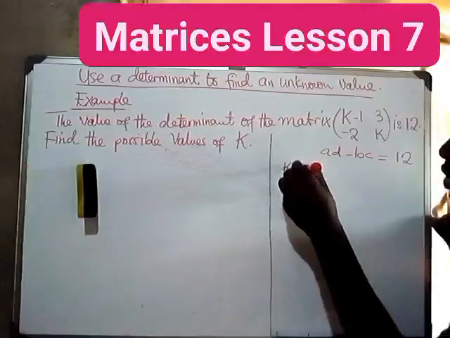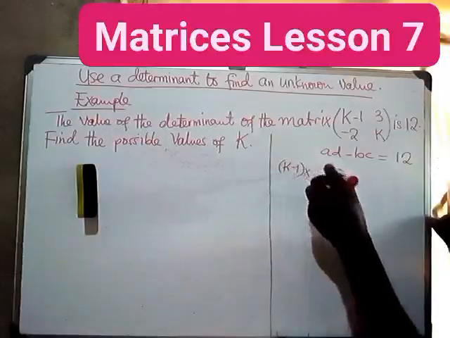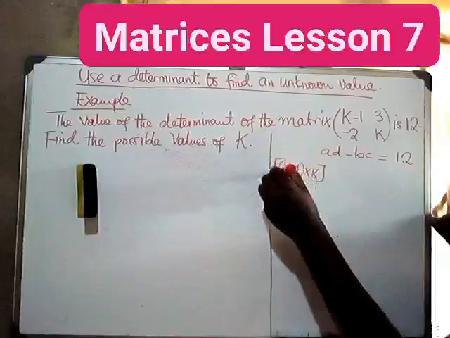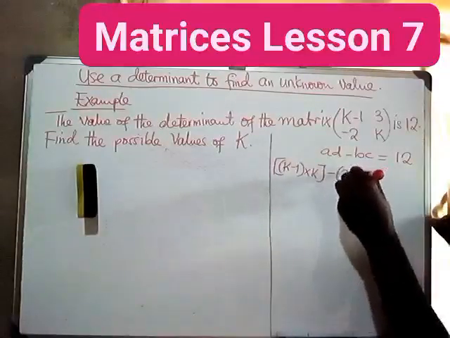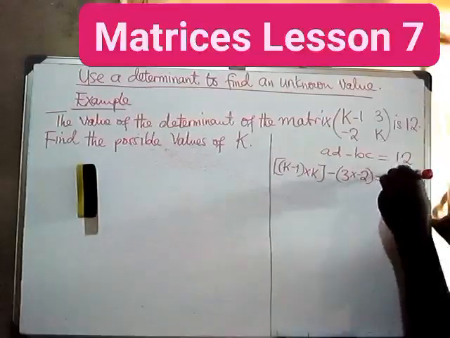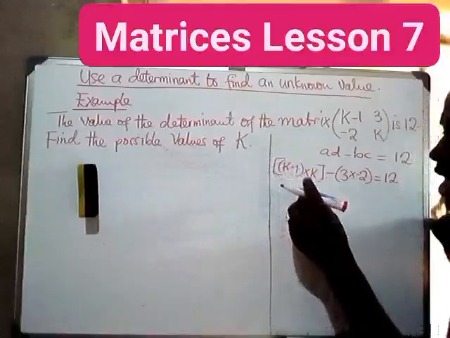Our A is k minus 1. You multiply that one by k. So this is what we have. Then you say minus 3 multiplied by -2, and the final answer is 12. So now you expand this, k multiplied by k minus 1.